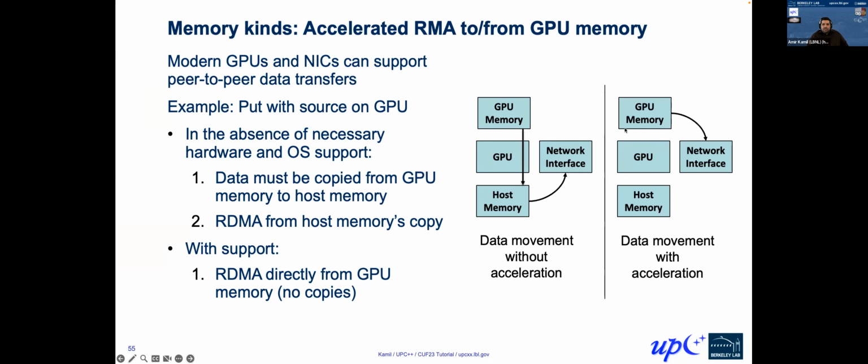So on the right-hand side, we see what that looks like. It's essentially not needing to stage through host memory in order to do a transfer to some remote location. Whereas without this support, you'd have to do a copy into host memory and then inject it into the network from host memory.